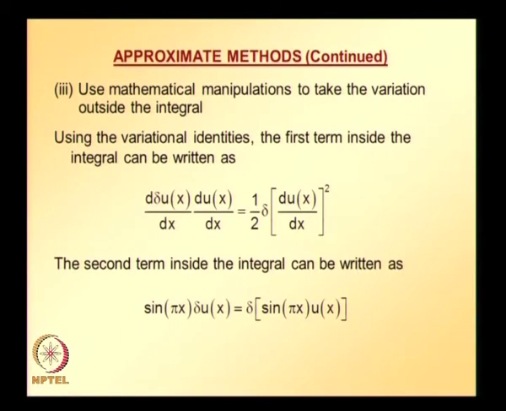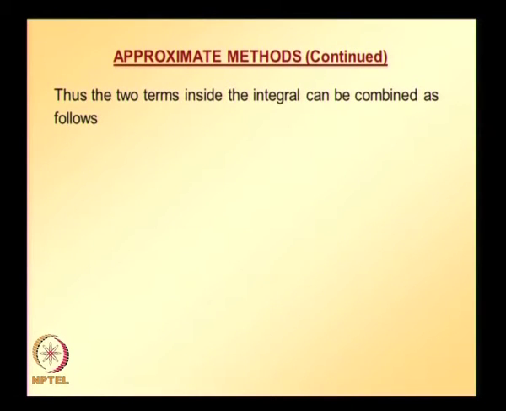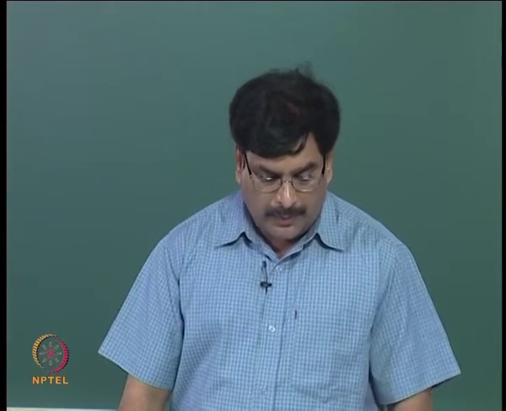Substituting back these two terms, and also these two terms, which are in the form variation of u plus v, which is variation of u plus variation of v, we can write these two terms together in this manner.